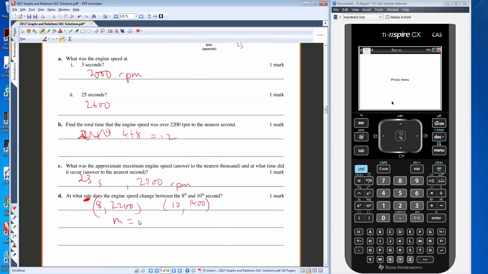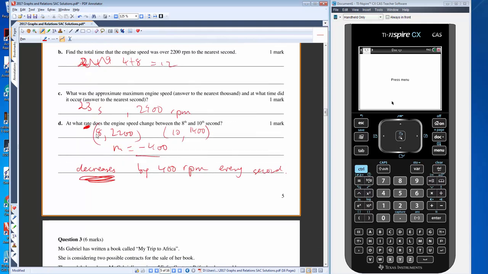You would have found, using those two values, m equals -400, and you needed another statement in there interpreting that, which is decreases by 400 RPM every second. So that word decreases needed to be in there.